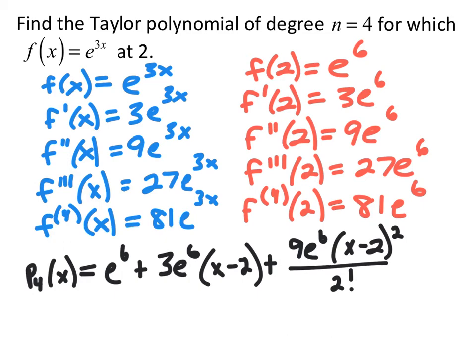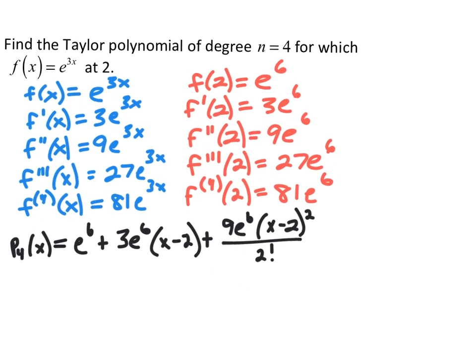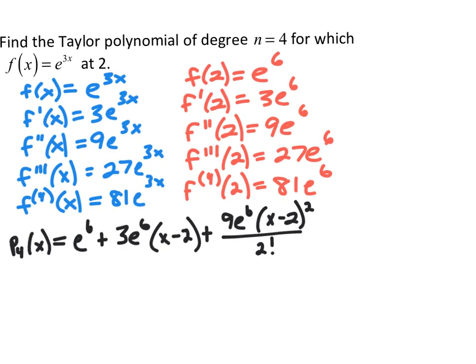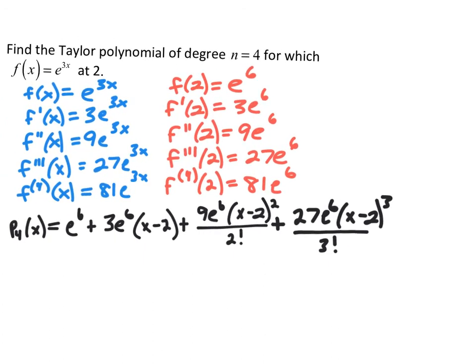over 2 factorial. I'm going to run out of room here, so let me go ahead and adjust this a little bit. Then I need the third coefficient, which comes from the third derivative, so 27e to the 6th times x minus 2 cubed over 3 factorial. And I'm still running out of room.